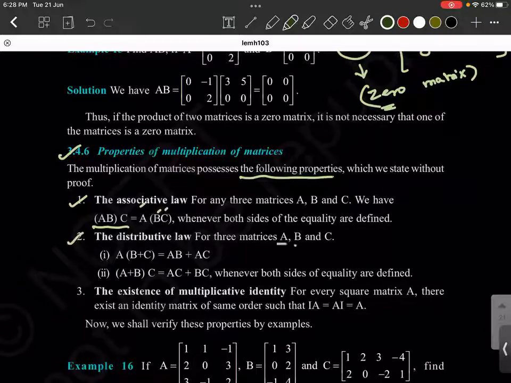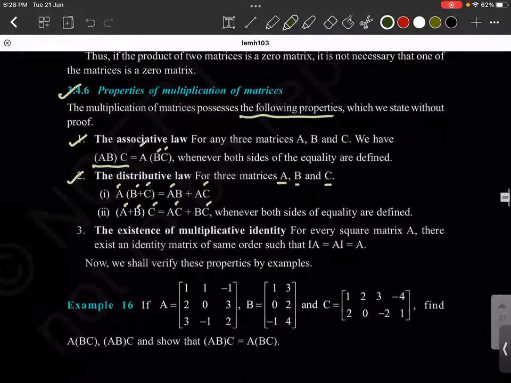If there are three matrices A, B, and C where multiplication is feasible, then A into B plus C is equal to AB plus AC. Similarly, A plus B into C is equal to AC plus BC.